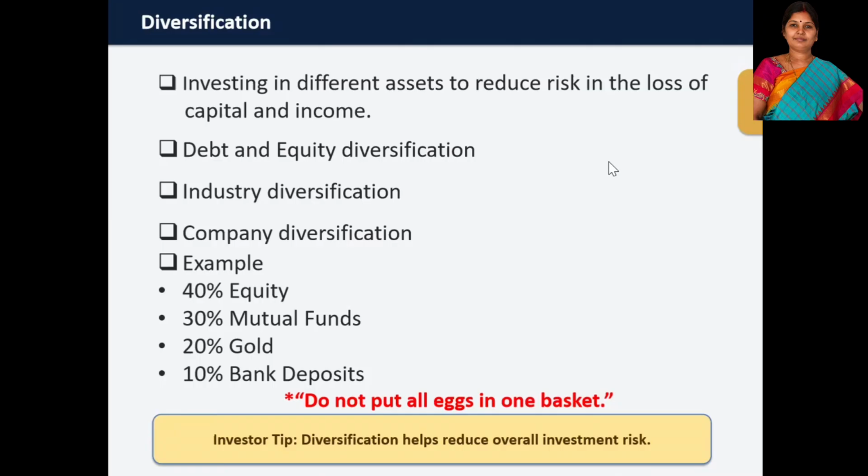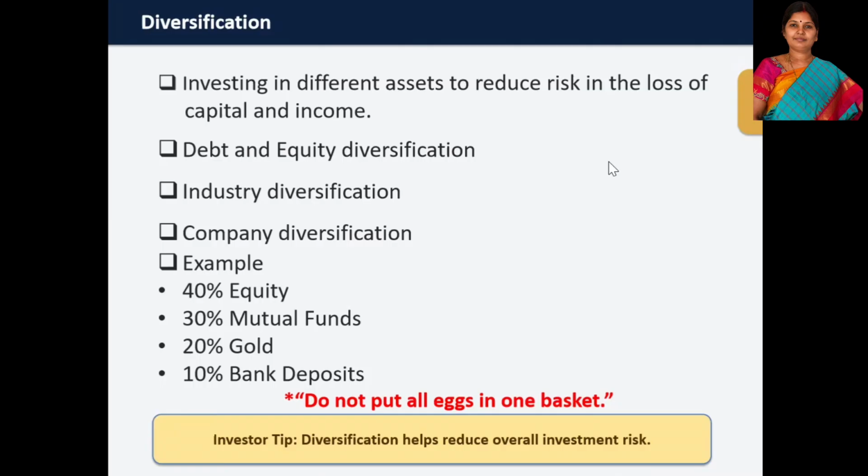Next, company diversification. What is company diversification? In one company, you invest not only in one particular type of security, invest in different types of securities. Diversification, if you want to make 100 rupees investment, invest 40 rupees in equity, 30 in mutual funds, 20 in gold, 10 in bank deposits.